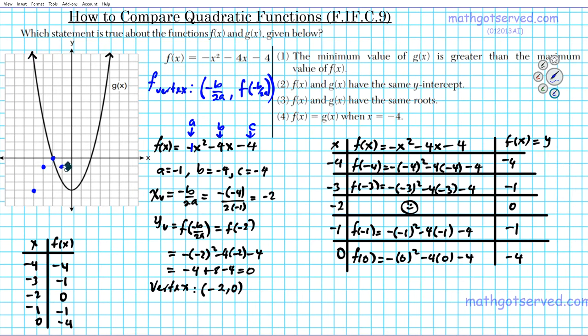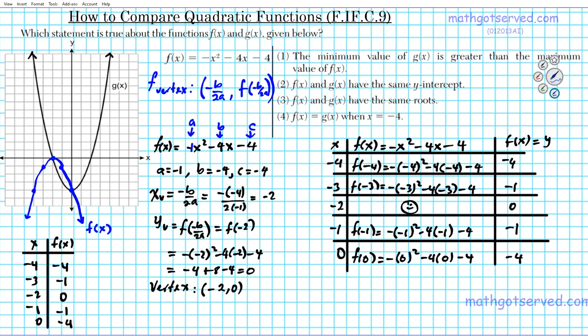You see the symmetry forming, right? Symmetric about the axis of symmetry, x equals negative 2. And then 0, negative 4. Bam. Okay, so let's graph the function. There goes our nice little parabola. This one that we're drawing right here is f of x.